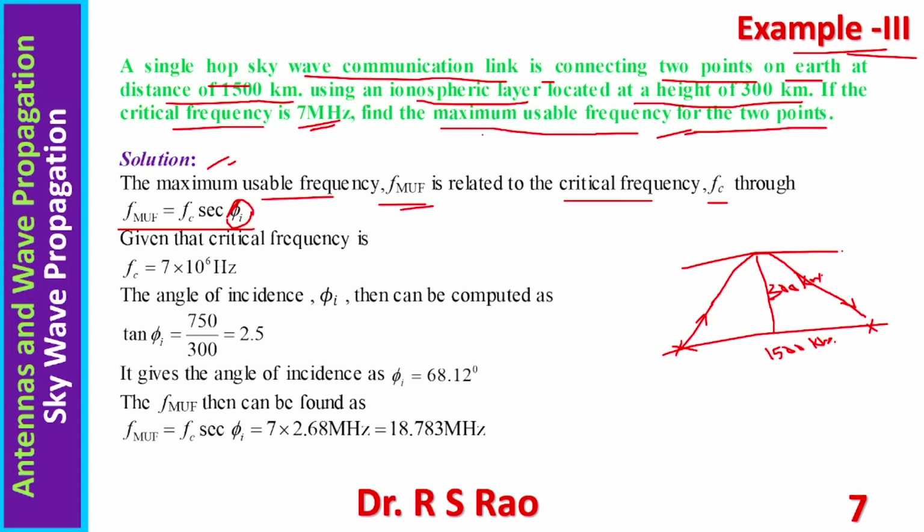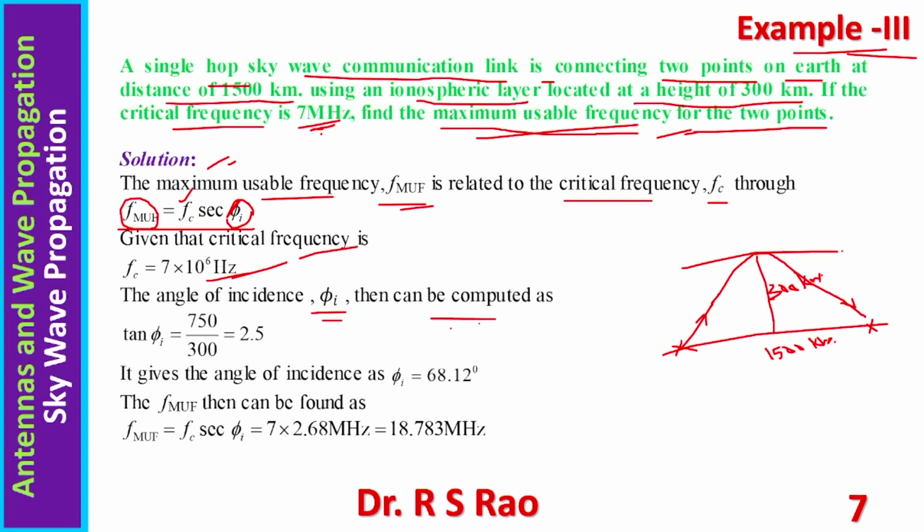We are asked to find maximum usable frequency f_MUF. We need value for this. f_c is given. Critical frequency is given 7 megahertz. To find f_MUF from this relation, the thing that we need right now is phi i. Given critical frequency is 7 into 10 power 6 hertz. Angle of incidence we need to find, phi i.